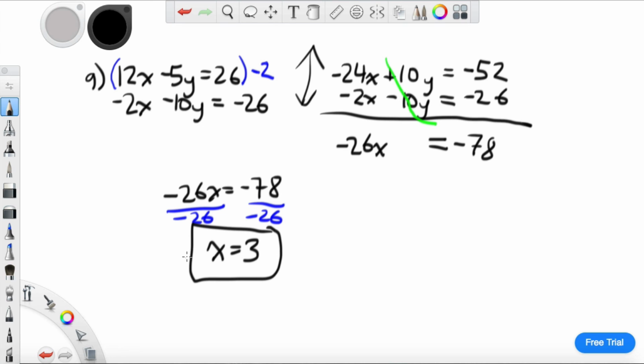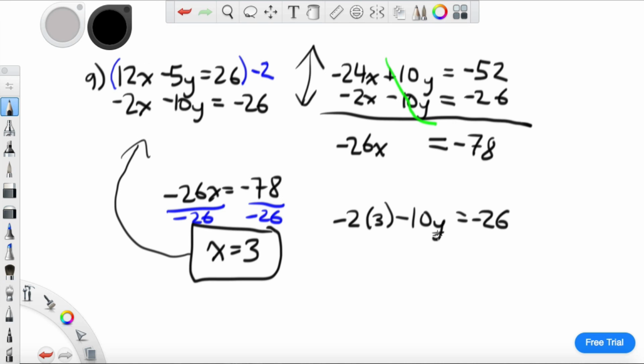Now, just like before, I can substitute that into there. So I've got negative 2 times 3 minus 10y is equal to negative 26. And I'm going to just solve for y now. Okay? Negative 2 times 3 is negative 6. So negative 6 minus 10y equals negative 26. I've got just a two-step equation now.